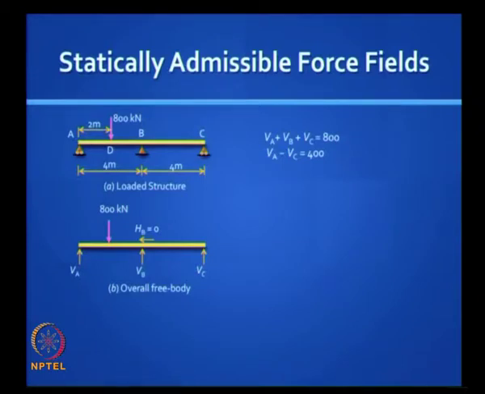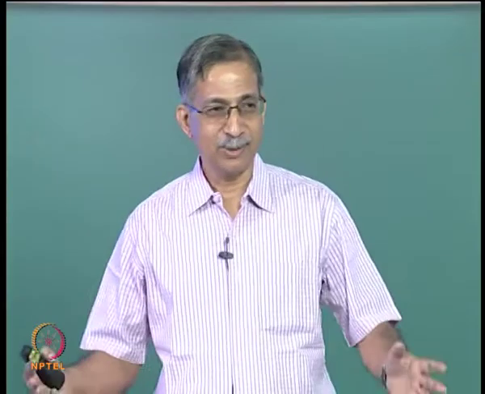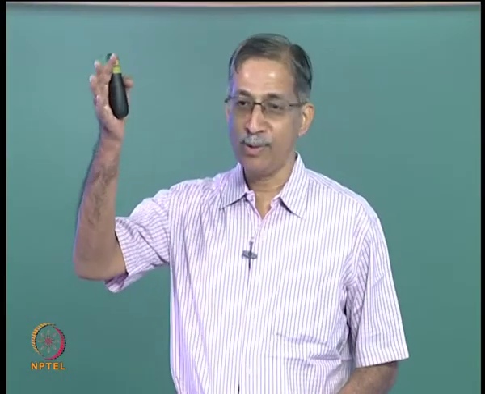You can imagine having multiple solutions. For example, I have shown you here 4 possible solutions, and each could be correct because all these solutions satisfy those 2 equations. You have 3 unknowns, 2 equations, so you can have multiple solution sets. So which of these is correct? I am sure each one of you in this room, there are about 75 students here, can come up with your own unique combination of these solution sets.